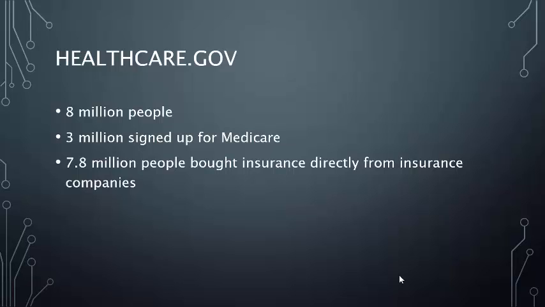And that's also important because with Medicare expansion and also just the knowledge that people can sign up for Medicare, that's a significant number of people who are now getting care for little to no cost. And outside of all of that, a number showed, I think it was RAND, that 7.8 million people bought insurance directly from companies during that time period. And that's also significant because it shows that the competition is working and that people are out looking for these policies.